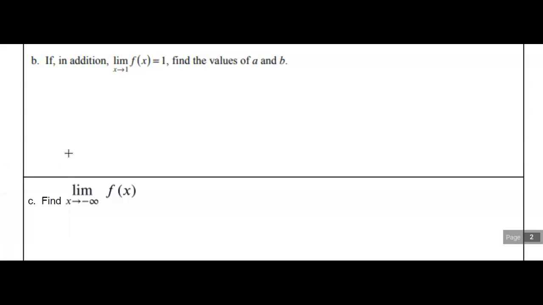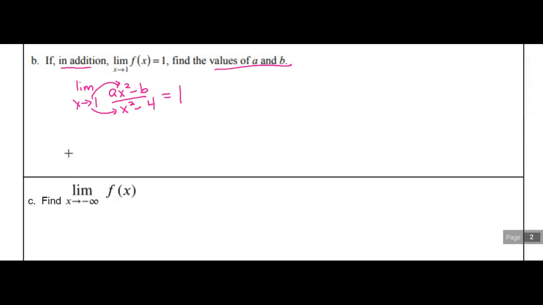All right, so let's try part B. It says in addition, so part A is still going to be true, and then we also will know another limit value. As x approaches 1 of f is equal to 1. And now this time we want to find a and b. We're still going to apply the limit by substitution since it's defined.